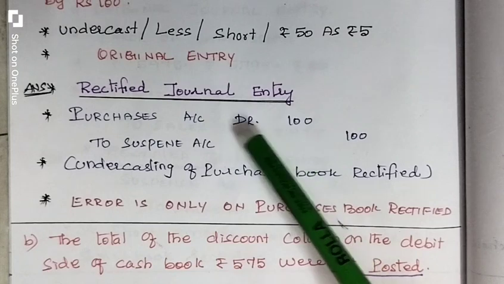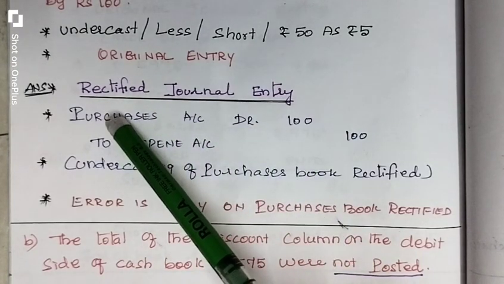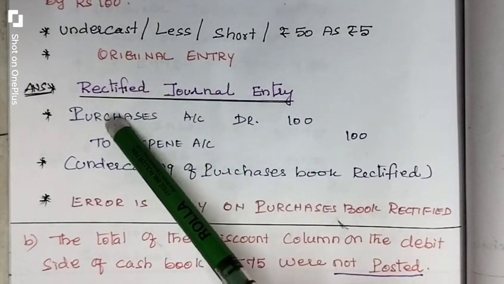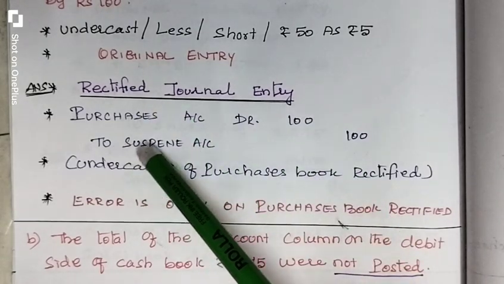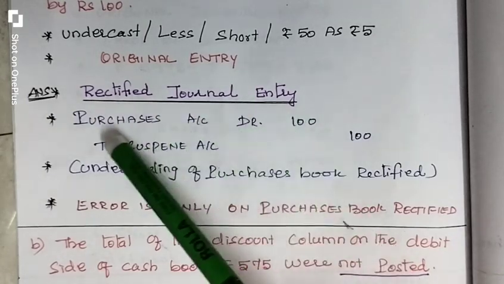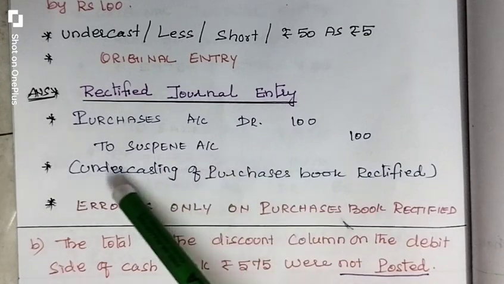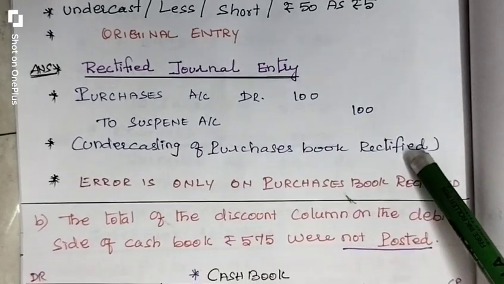To rectify that error, we follow the original entry, purchases account debit 100 rupees. On opposite, we create the suspense account for that 100 rupees. So the rectified journal entry is purchases account debit 100 rupees to suspense account 100. The narration is undercasting of the purchases book, now rectified.